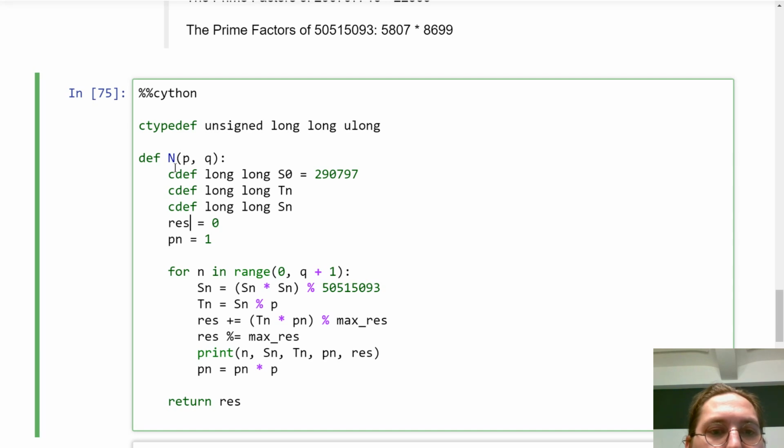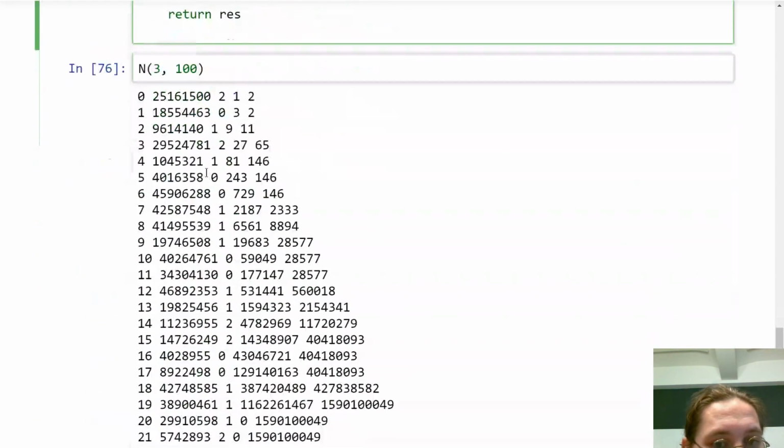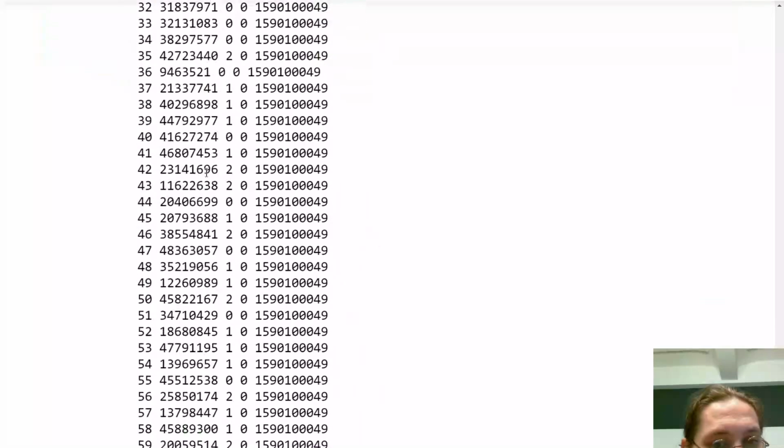Maybe we can have a factorial function. I think it's not possible to calculate that factorial number. Of course you can take that along in the loop.